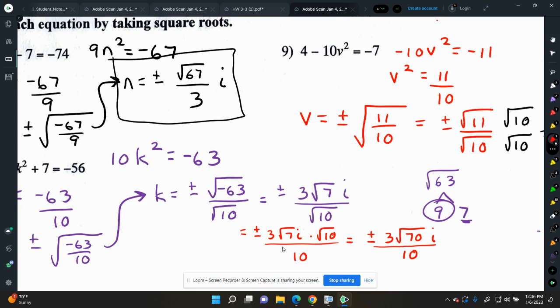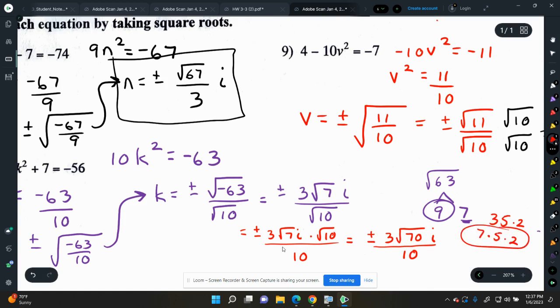We cannot simplify the 70 and the 10 because it's not 70 over 10, it's the square root of 70. So they don't reduce. And I can't simplify the square root of 70. That's 35 times 2. 35 is 7 times 5. These are all prime numbers. None of them are coming out of the square root. So this is my final answer.